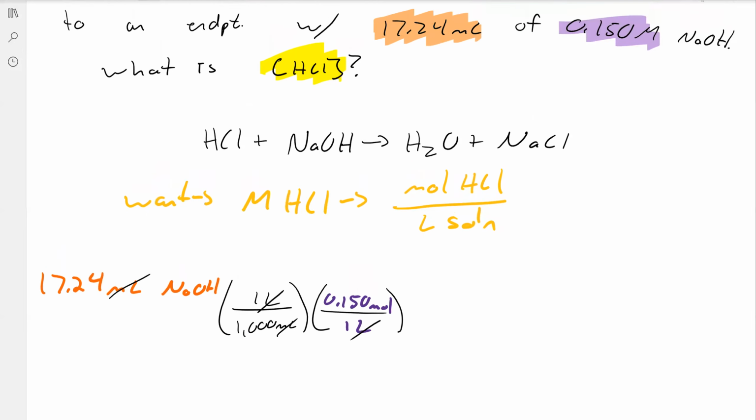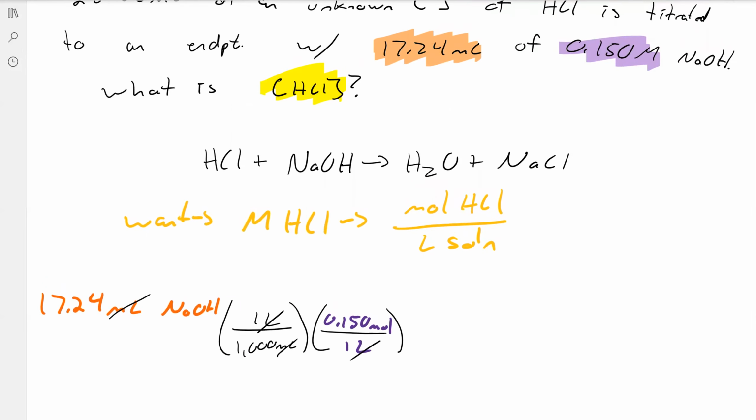And now we're at moles of NaOH or moles of A. Whenever we want to go from moles of A to moles of B, we need to use our balanced chemical equation, our stoichiometric factor. So that's 1 to 1 in this case. So for every 1 NaOH, I get 1 HCl.